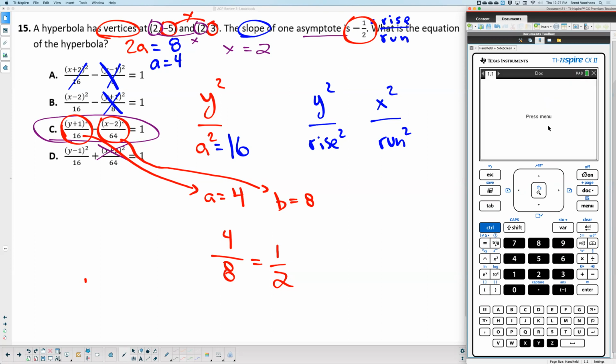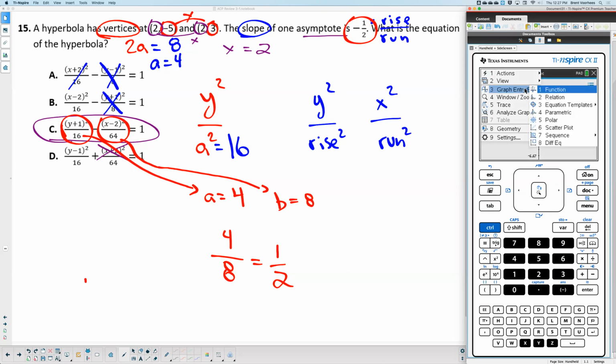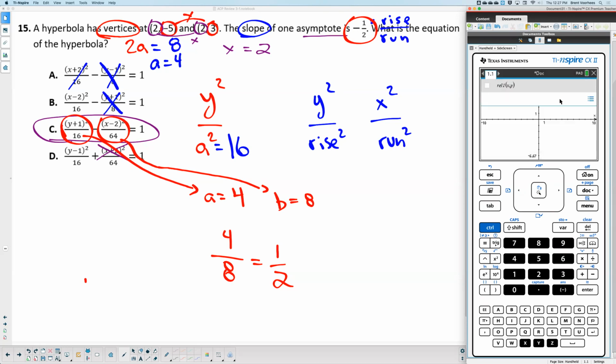I would not do this first because it takes way too long. But if you graph them here, I'm going to simplify the problem. I know I'm not doing the equation right, but I'm just going to do it this way, just for the sake of time.